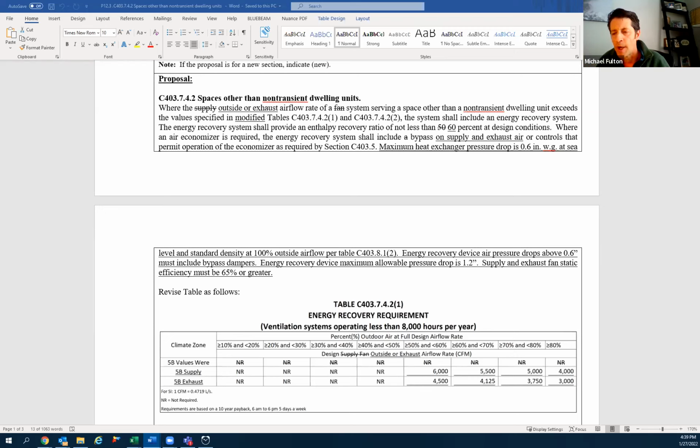And then obviously an economizer, that would be the concept.